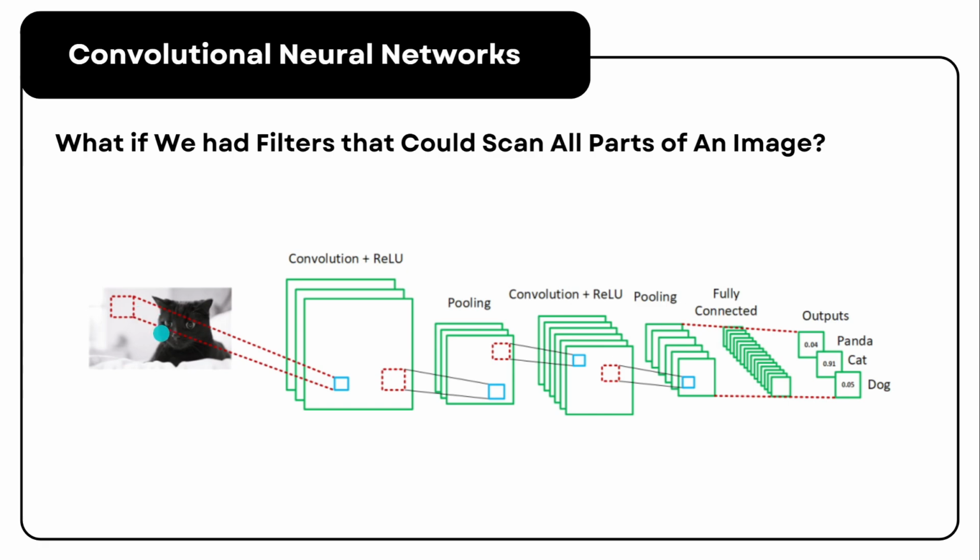So imagine you have a specific filter, and by filter I mean like a little sliding window, so that when it goes over those pixels, it activates. That's exactly what happens in neural networks.